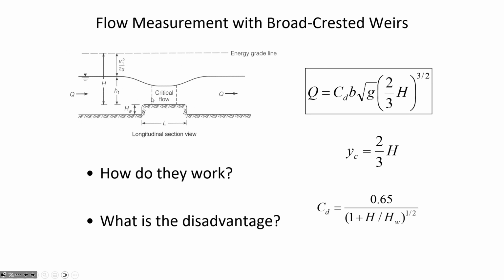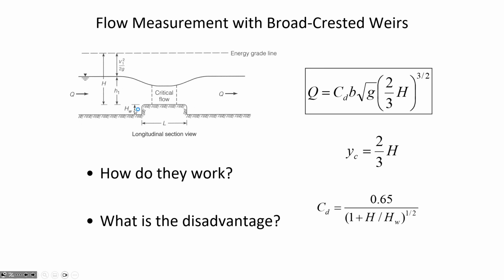They work by forcing critical flow, but the disadvantage is that energy is lost and that operationally they require some maintenance to ensure that your weir doesn't become clogged and that debris isn't accumulating.